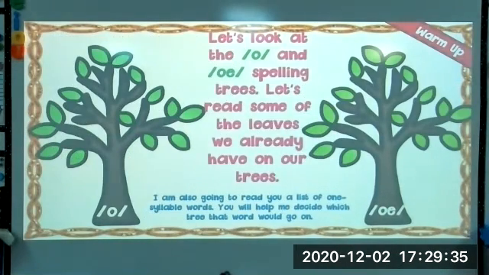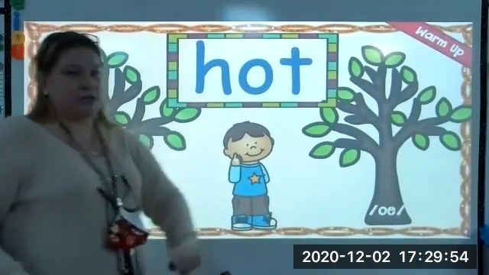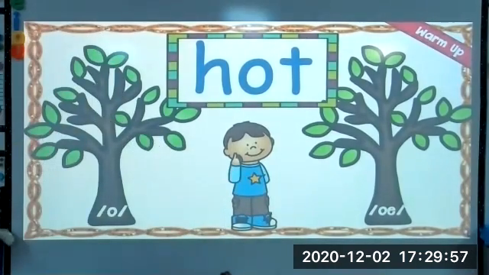I'm also going to read you a list of one-syllable words, and you're going to help me decide which tree that word would go on. Okay, so the first word is hot. Which tree is that going to go on? The aw tree or the O tree? Hot. It's going to go on the aw tree.